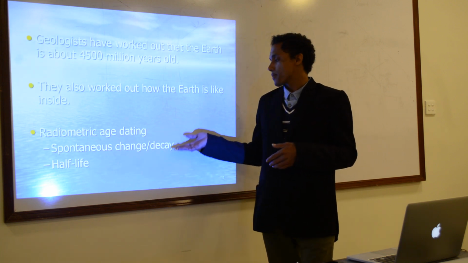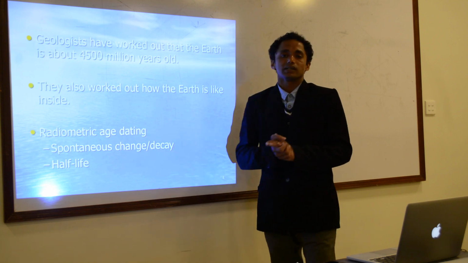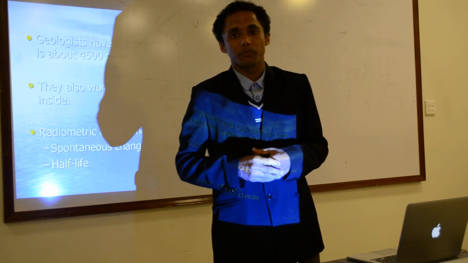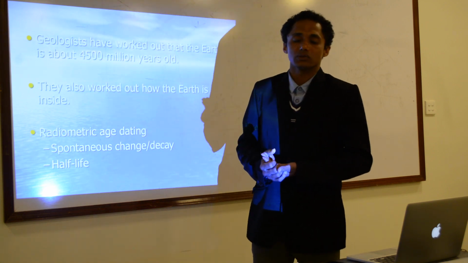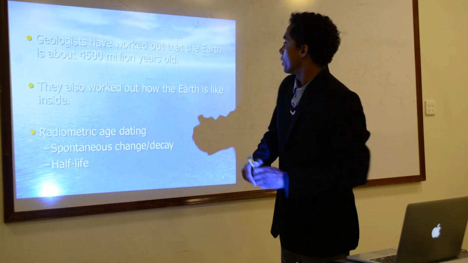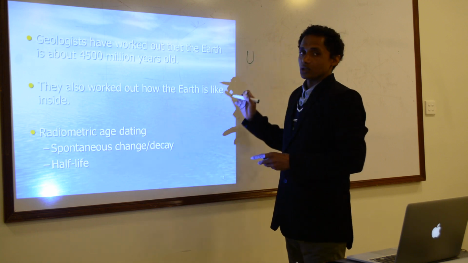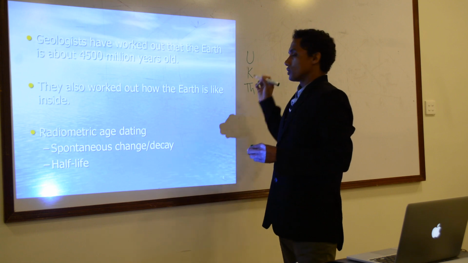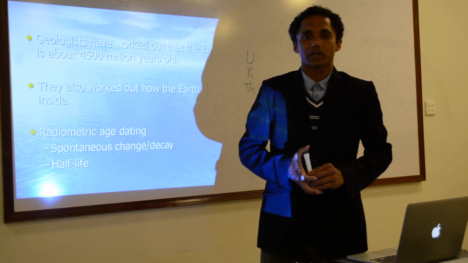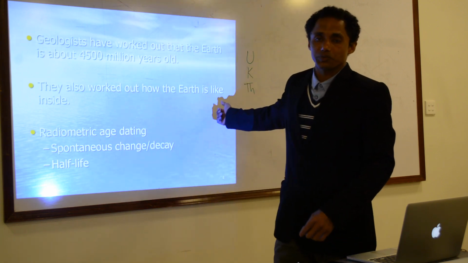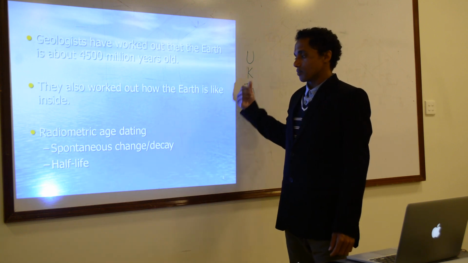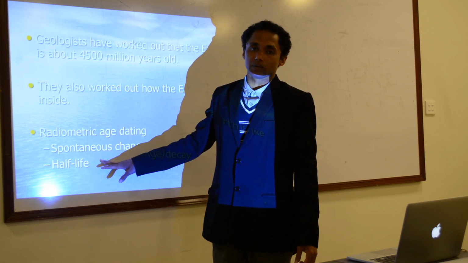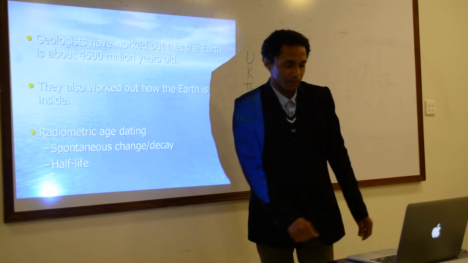The reason is that the Earth is made of a lot of radioisotopes, especially uranium, potassium, and also thorium. So there are a lot of radioactive isotopes. These isotopes decay spontaneously, they change with respect to time, and they have half-lives, some nearly as long as the Earth's life.